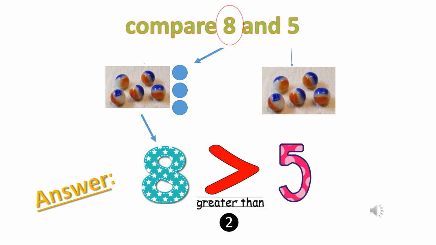When you compare 8 and 5, you read 8 is greater than 5. So you pick the symbol that opens up toward the bigger number. 8 comes first, and 8 is greater than 5. So symbol number 2 is correct because it opens up to the 8 and it points to the 5, the smaller number.